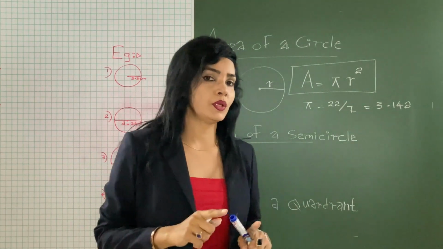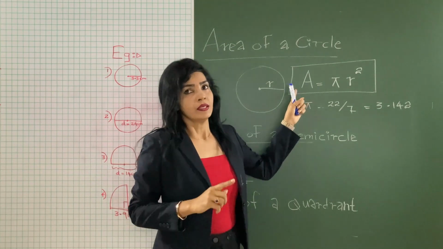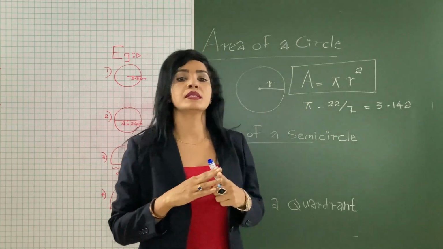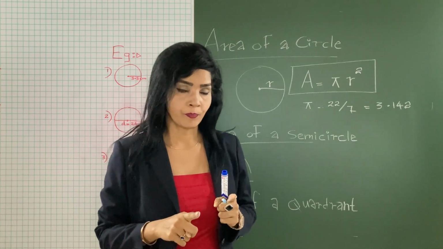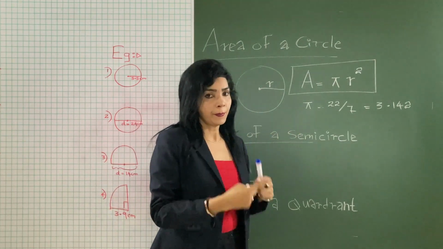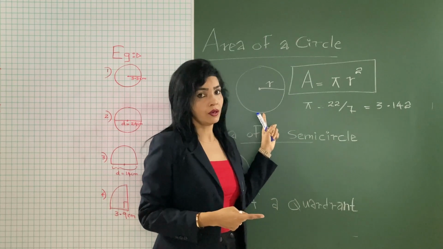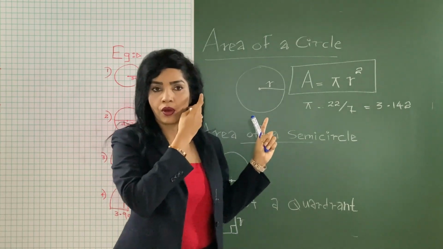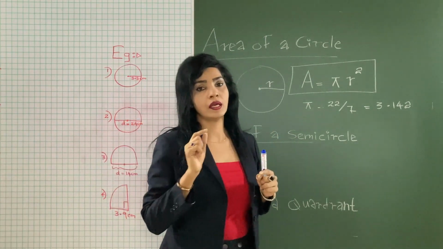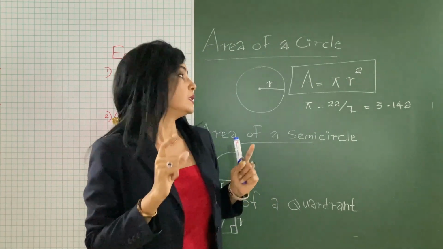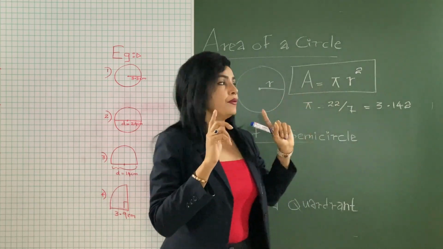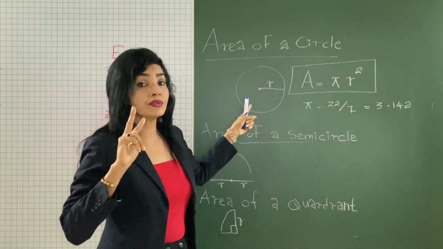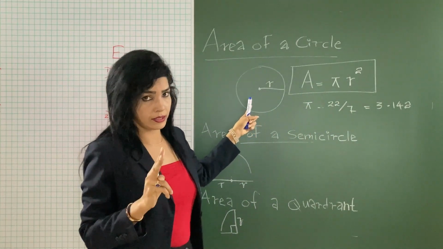I want to explain one special thing here. Some children, when they learn the circumference of a circle, which is equal to 2 pi r or pi d, erroneously apply it to the area of a circle also. That is wrong, because you should remember area always appears with square units, since area is taken when you have two lengths.